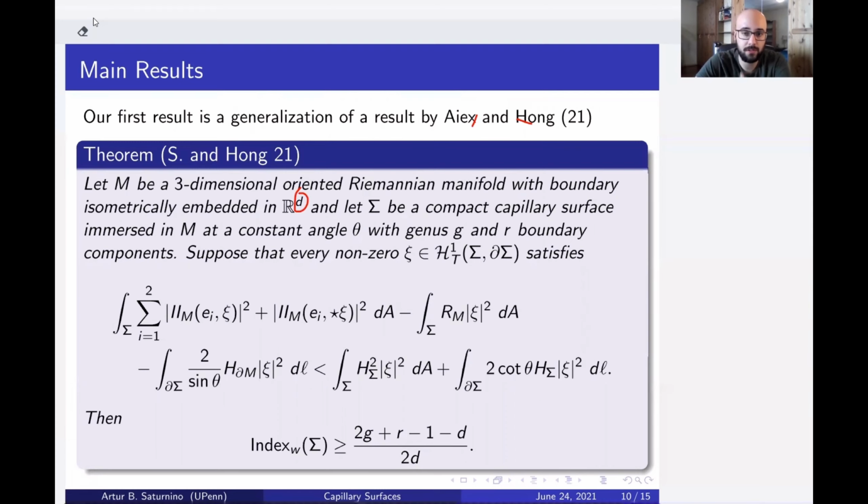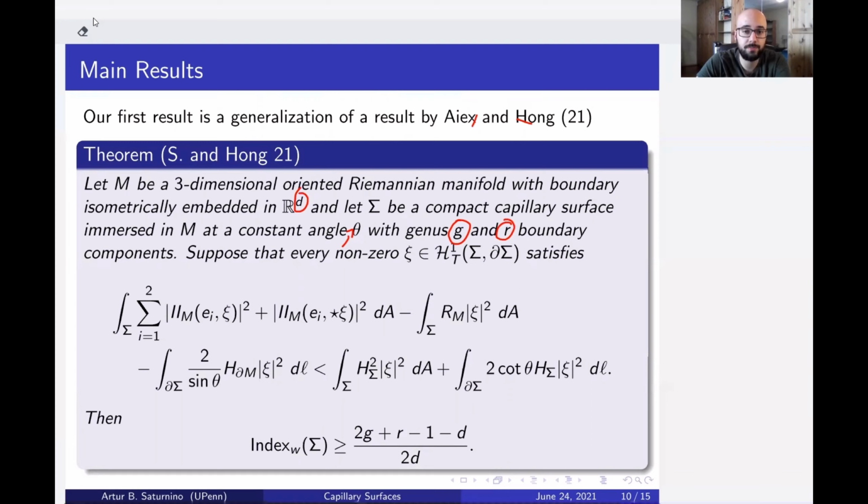Of course, this can always be done. And we're going to take sigma to be a compact capillary surface immersed in M at a constant angle theta, and we're going to let G be the genus of the compact cap of this surface, and R be the number of boundary components.